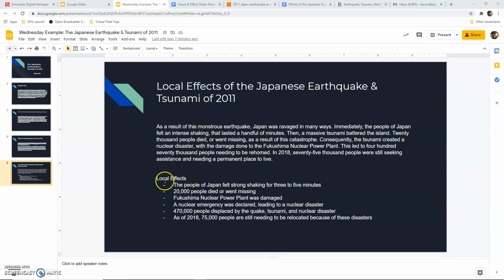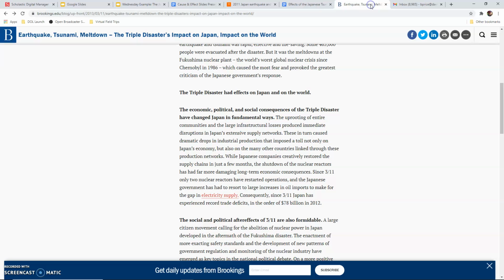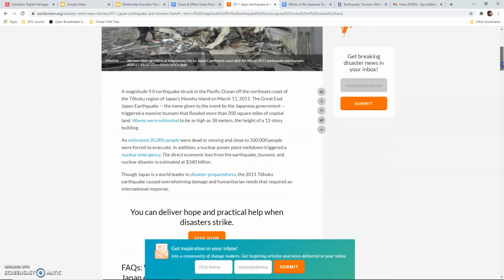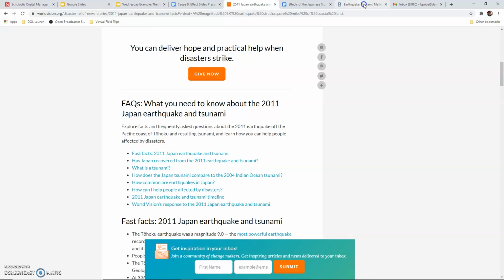I have these bullet points down here at the bottom because I want to show you how I took the effects that I had taken as notes from my source and translated them into a paragraph. First of all, I looked up a few different resources about this earthquake and the tsunami, and I made sure that they were credible.